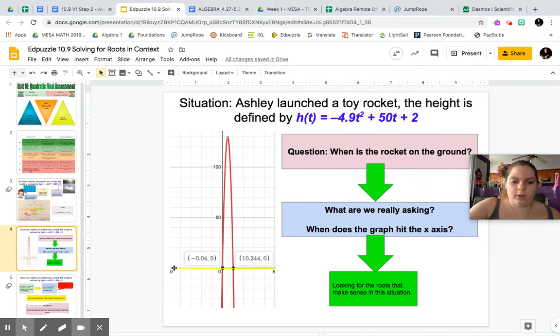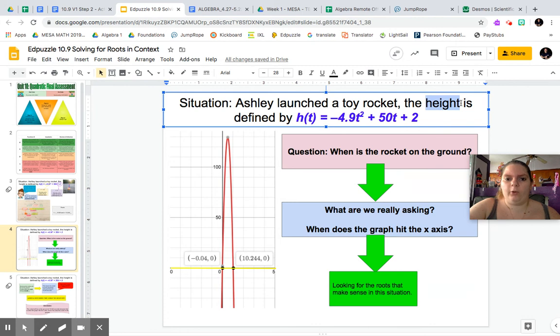If we're talking about something being on the ground and we're talking about the height, so the original problem told us that we're talking about the height, how high it gets, and then we have this t value. T in this case actually is telling us time. So we're talking about how high something's going and how long it's taking to get to that height.